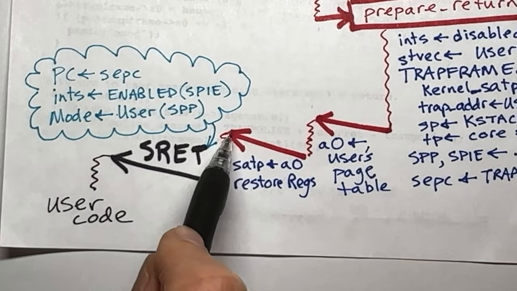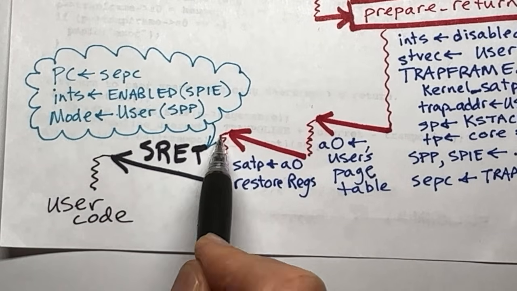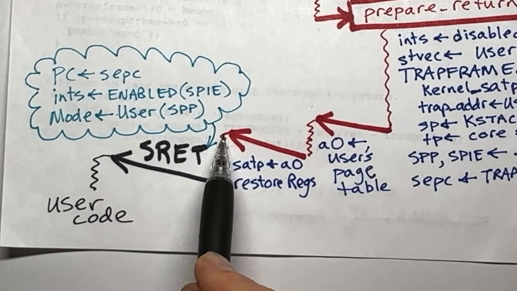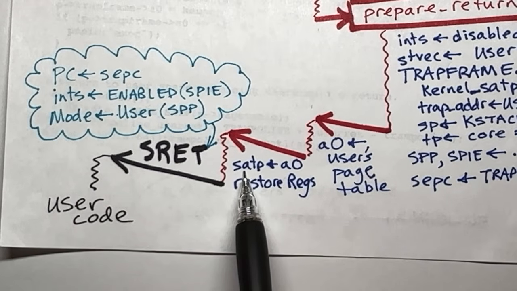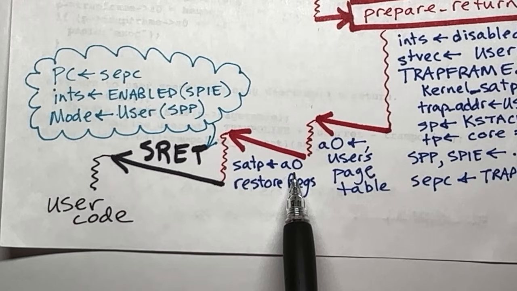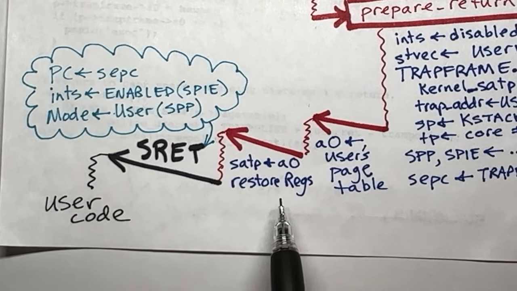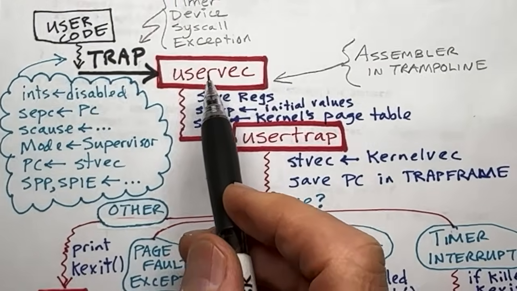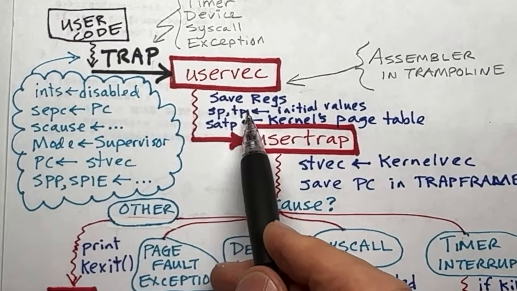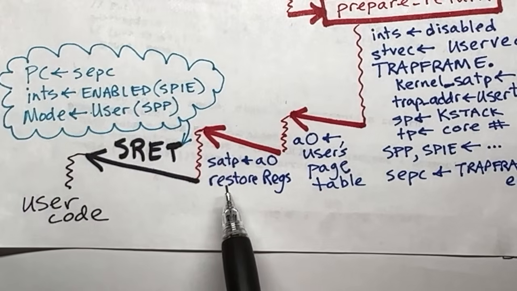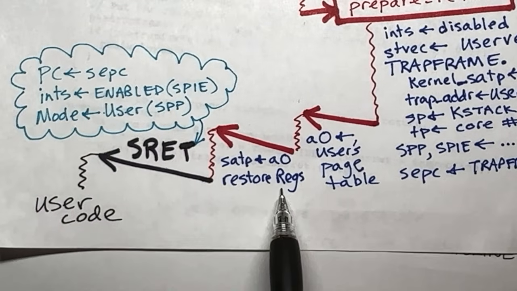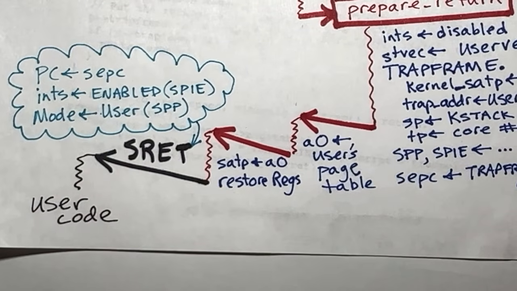The assembly code will move the value in A0 into the SATP register, which switches the core from the kernel's virtual address space into the user's virtual address space. Then it restores the registers from the trap frame. Well, in a normal trap we can say restored, since these would have been saved at the beginning of the trap handler. But since we're starting a new process and this is its first time slice, these registers are not technically being restored.